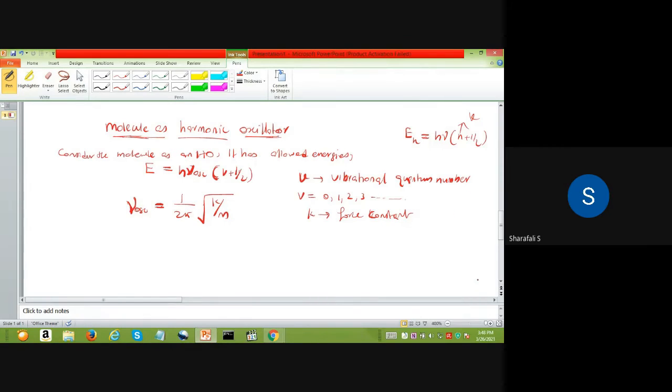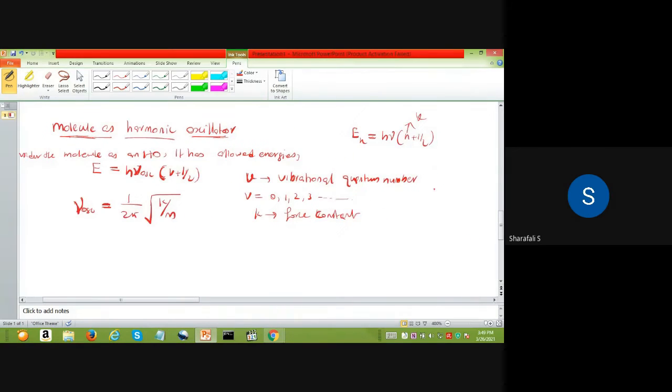If you consider the case of a spring attached to some mass M, then if it is vibrating, you can get the frequency of vibration, which is nothing but 1 by 2 pi root K by M, and this K is associated with the force constant of that spring.